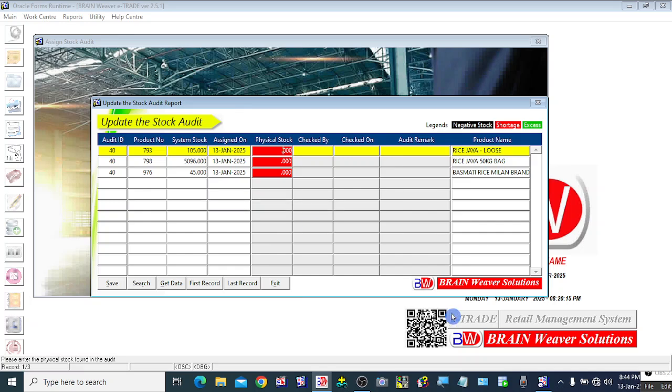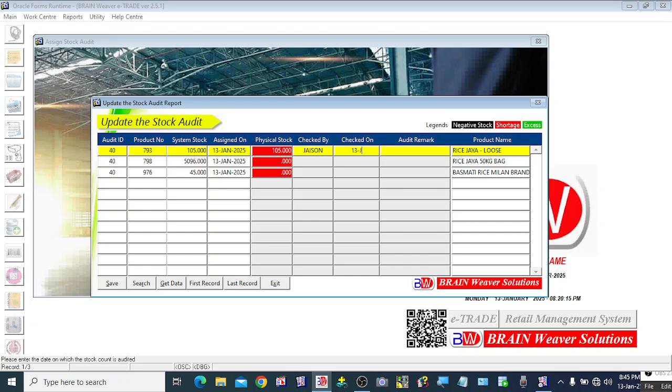And at the moment, suppose the concerned person has also found the exact quantity in the stock, he can mention that actual stock he has received in the store. Checked by the person who verified this stock audit, he can mention his name, and on what date he has audited or verified this stock, he can mention here.